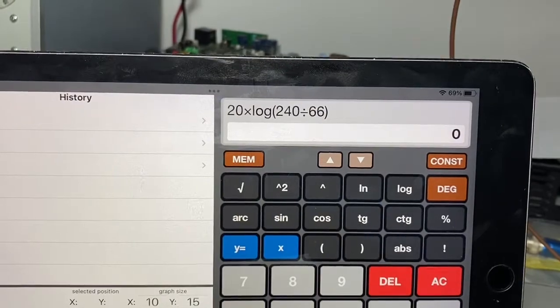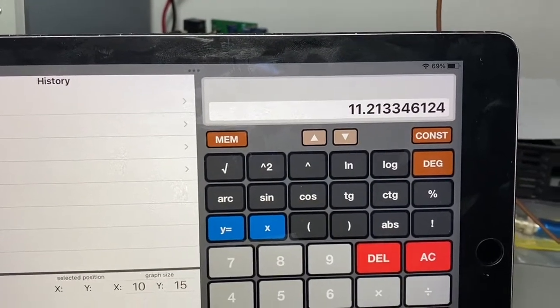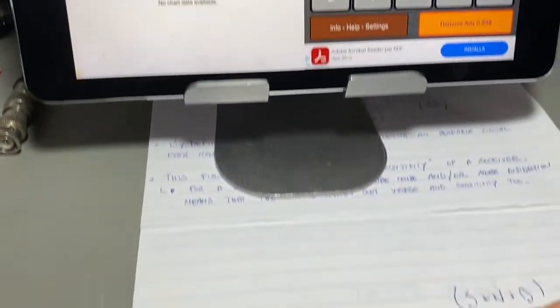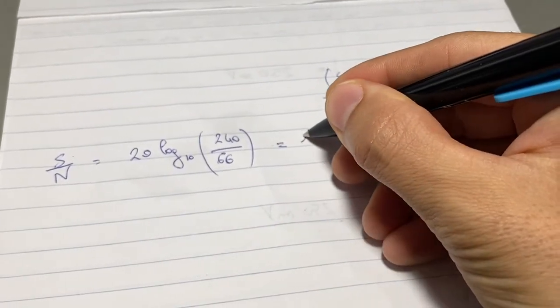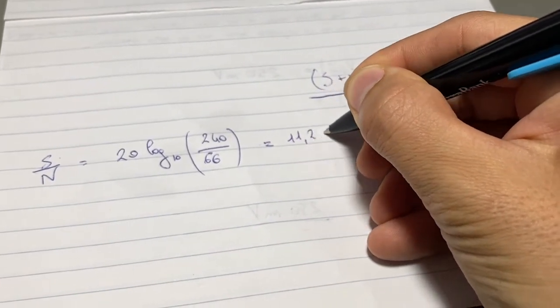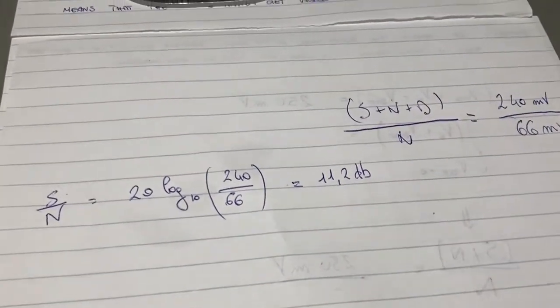It's 11.2. So the signal to noise ratio in this particular case gave us 11.2 dB.